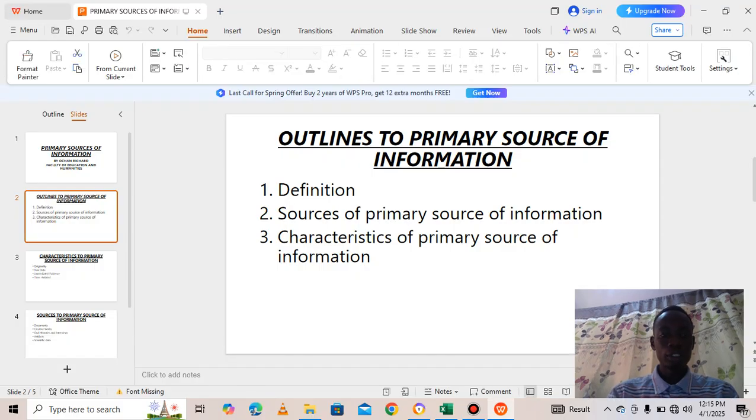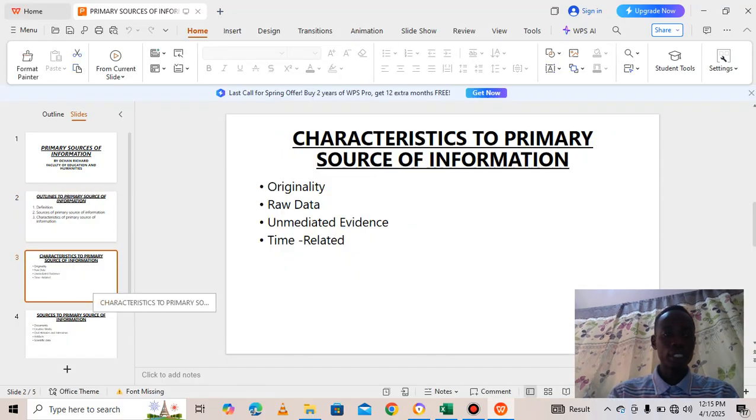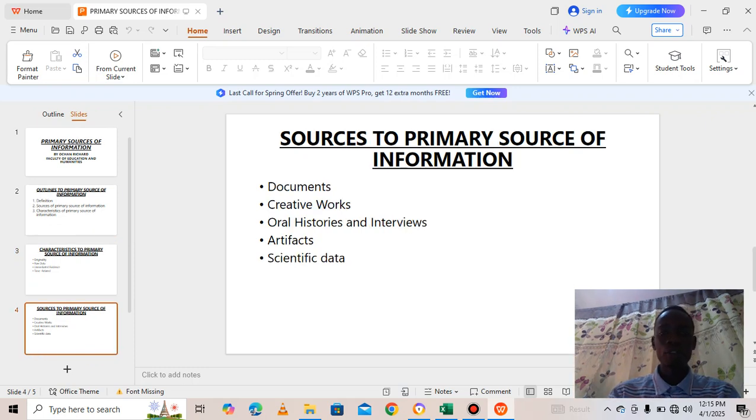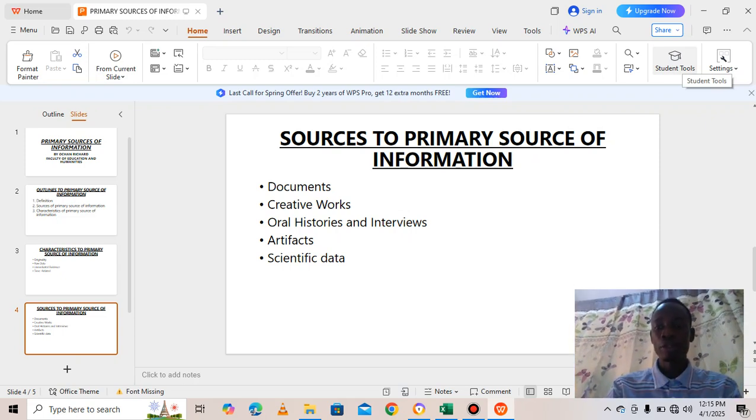So let's look at the characteristics of the sources. Let's try to look at some of the sources of primary source of information. So with me here, I have another primary source of information.